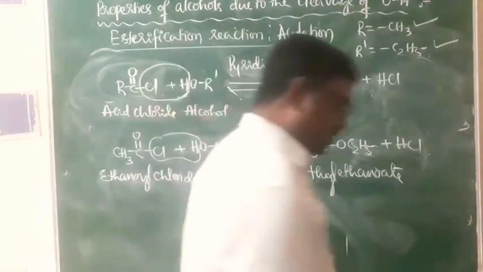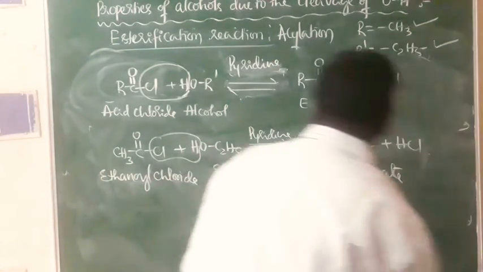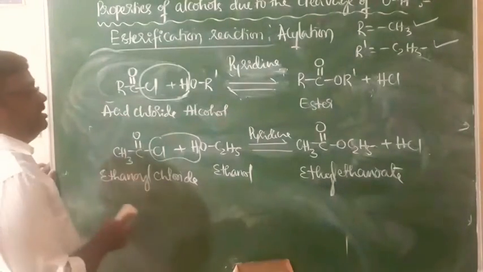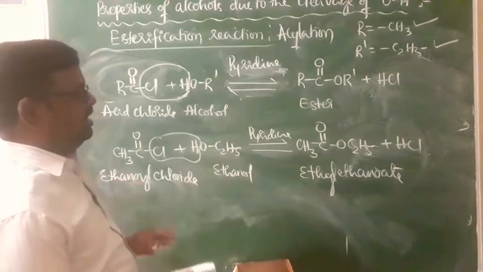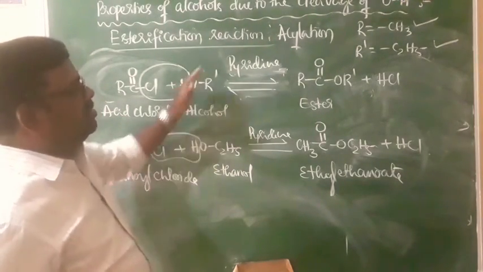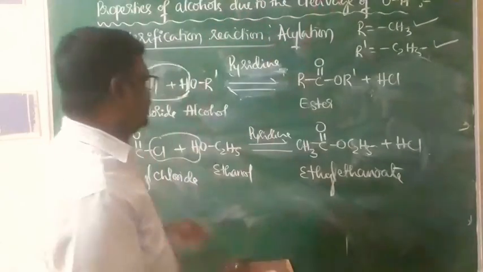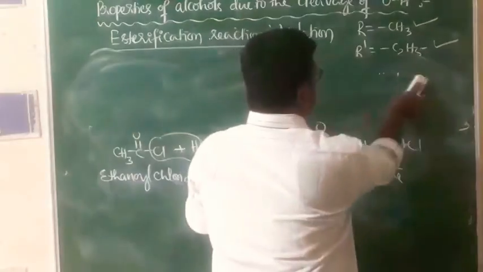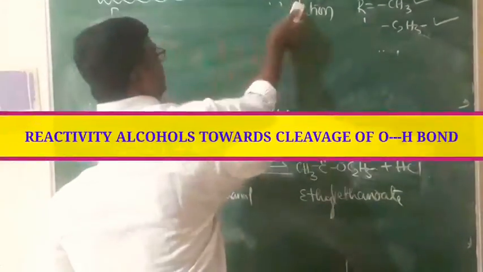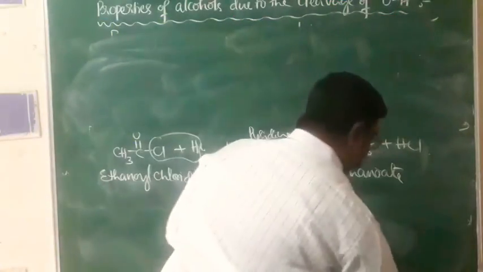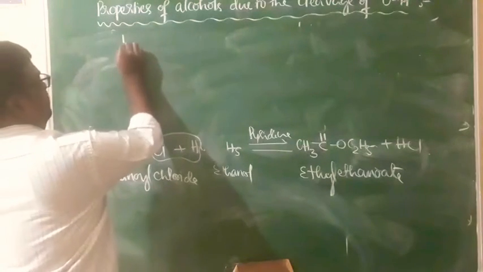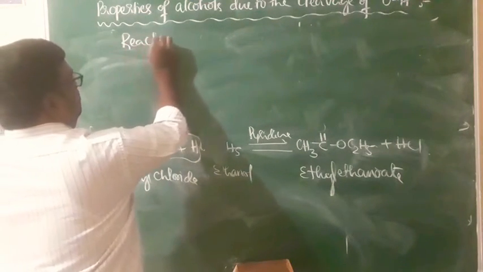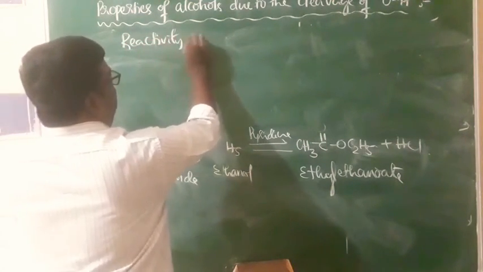And apart from that, I want to give one important piece of information as far as the reactivity of alcohols is concerned: the reactivity of alcohols towards the cleavage of the OH bond. In these reactions, look at the reactivity order of alcohols.